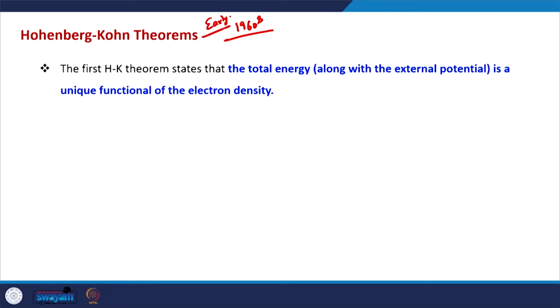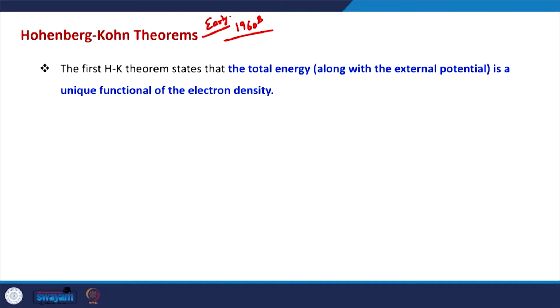What these theorems do is reformulate our problem of solving the multidimensional Schrodinger equation into finding the electron density. So let's go through the theorems first, and then it will become clear.